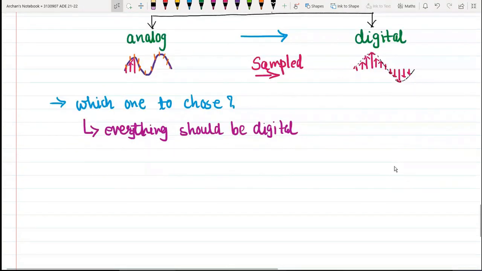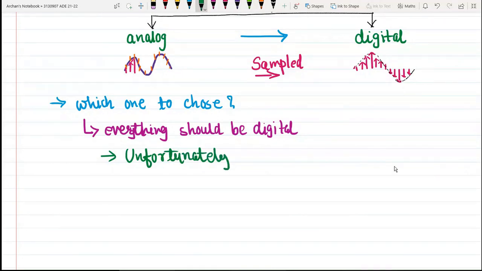This is what our answer should be. But unfortunately, it is not possible. It is not possible that every analog signal will be converted into a digital one.